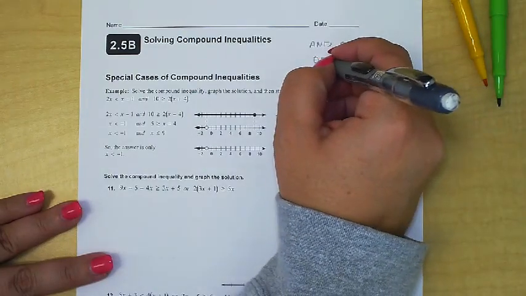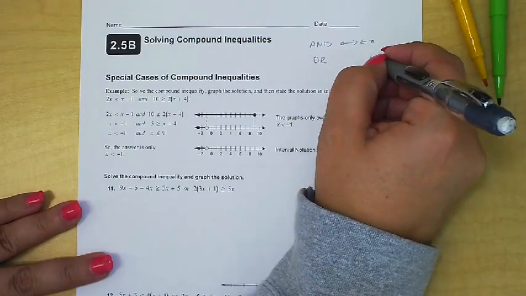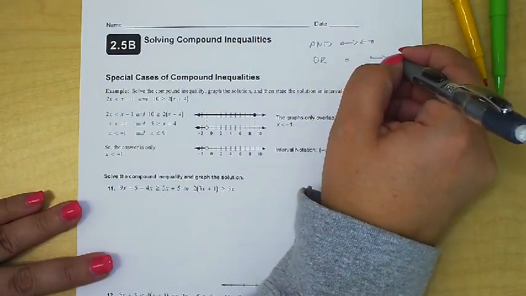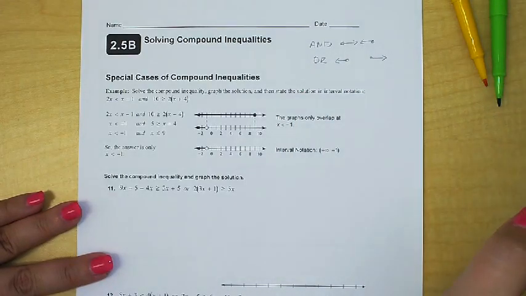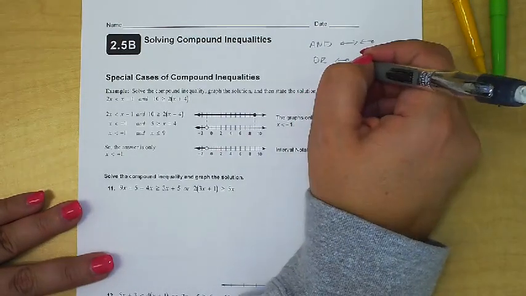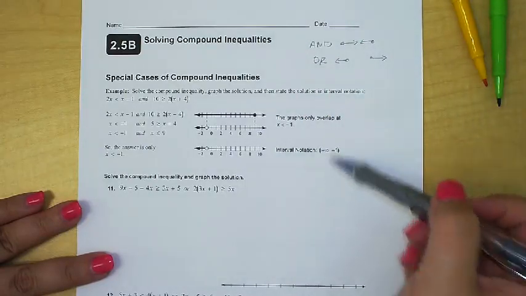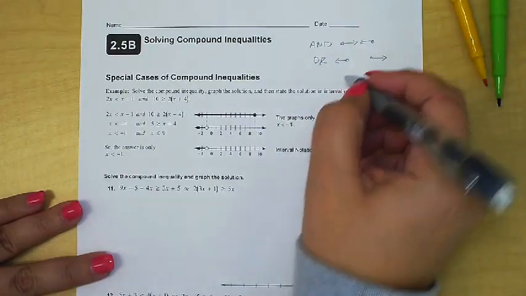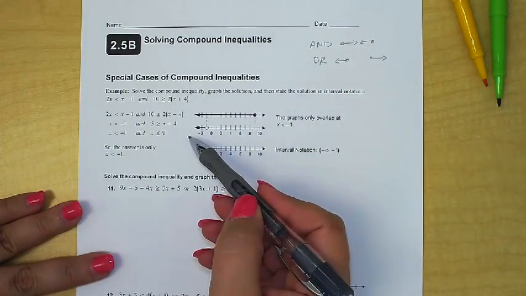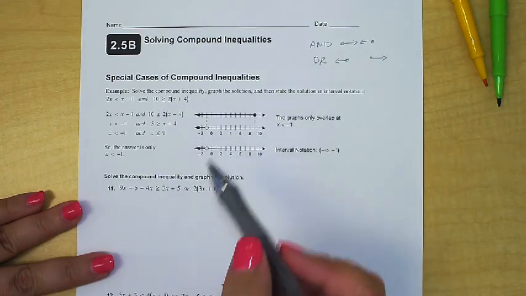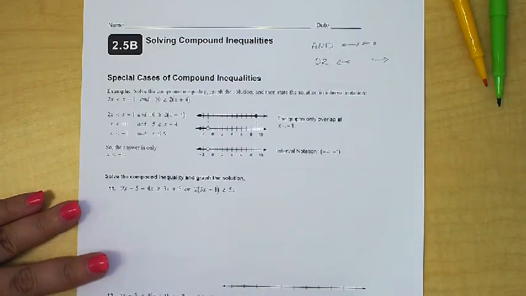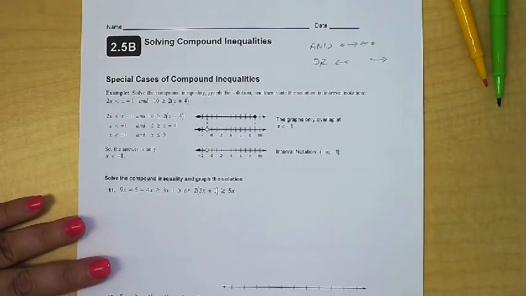And when we had OR statements, most of the time, those guys shaded away from each other. That's your traditional, normal version of the AND and the OR statement. So today we're going to explore how we interpret our solutions if they happen to both shade in the same direction, or the solutions maybe contradict the original statement. So that's what we're going to talk about here, okay?